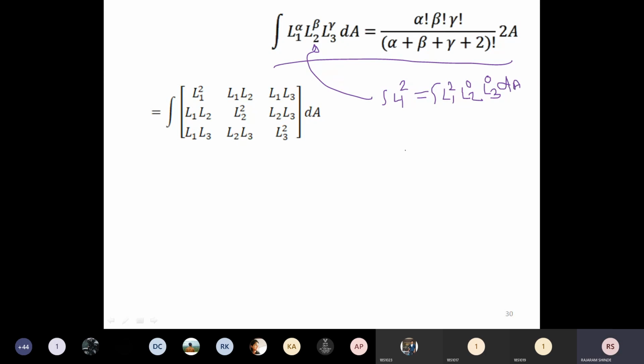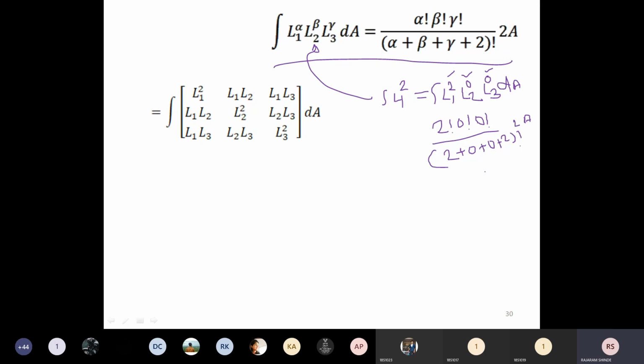Now you put in these values. This is your alpha, this is your beta, this is your gamma. Alpha is 2 factorial, next beta is 0 factorial, gamma is also 0 factorial. Next, divide by (2 plus 0 plus 0 plus 2) factorial into 2A.